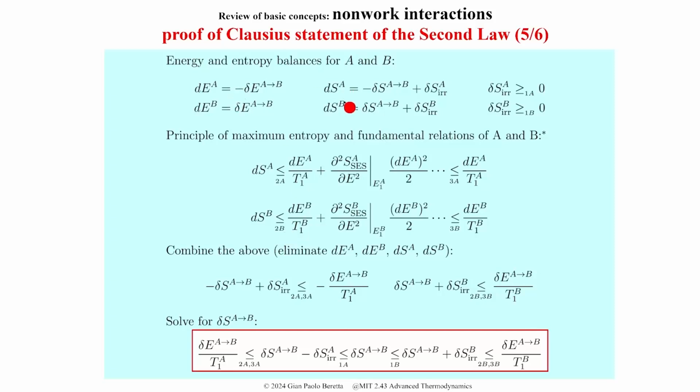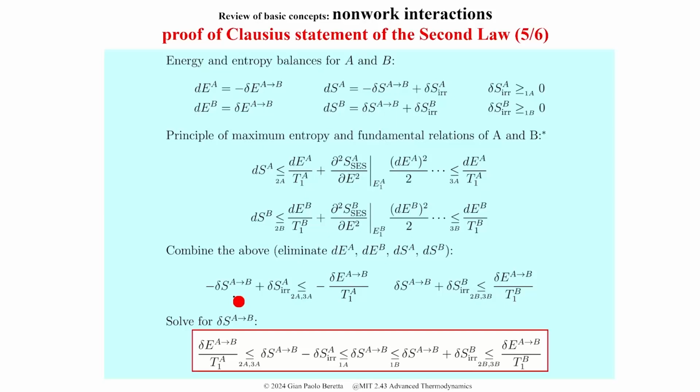So we have 1, 2, 3, 4, 5, 6. We can eliminate 4 variables and remain with 2 equations. I'll let you do the algebra. It's easy enough.